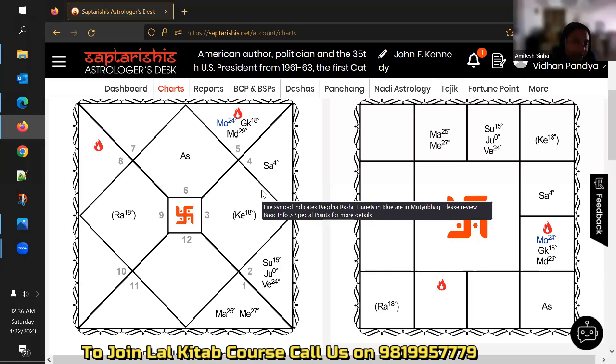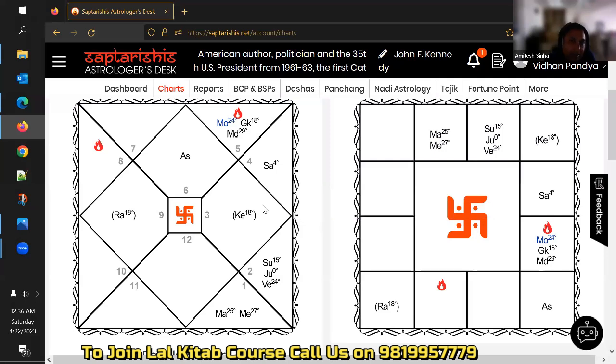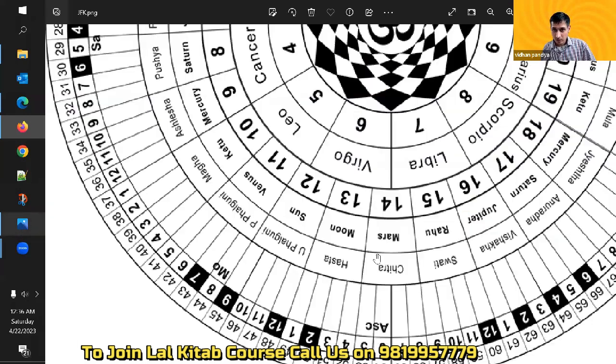Well, I have one question here. Apart from significations of the planet, shouldn't 10th house or 10th lord get involved in this? Yeah, ideally speaking, 10th lord should also get involved. Again, I'm not saying it should not, but here without even 10th lord, let's also look at 44th year, right?